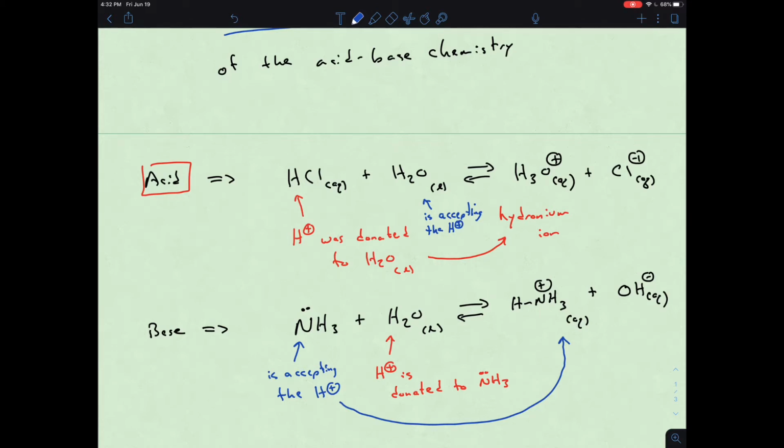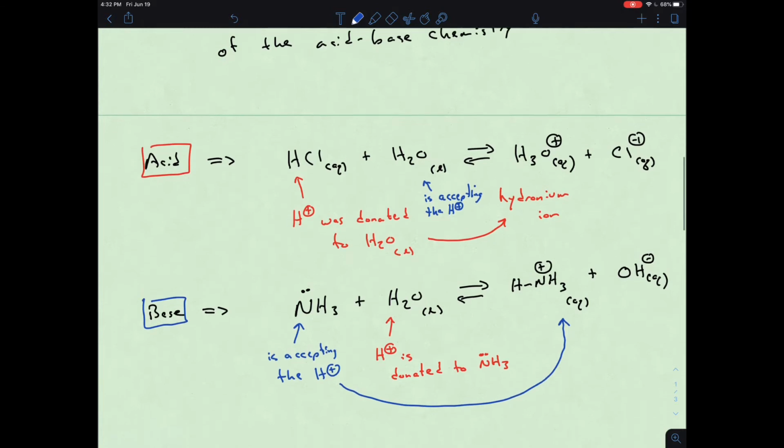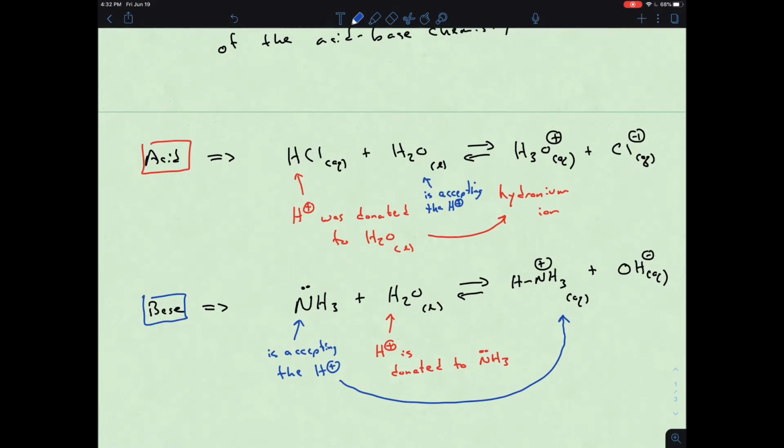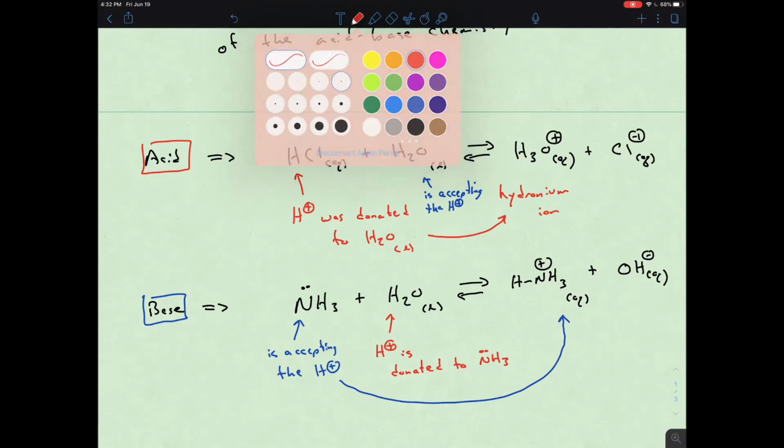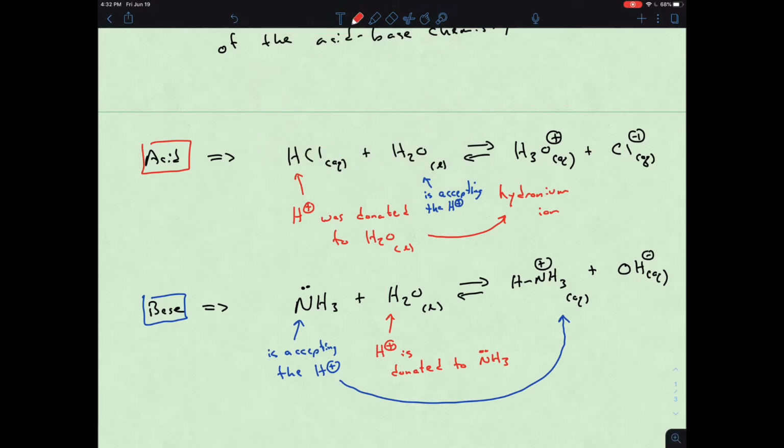The proton was donated to the H2O, so H2O is acting as a base in the top reaction, and as an acid in the other, in that donation to ammonia, where it's generating hydroxide.